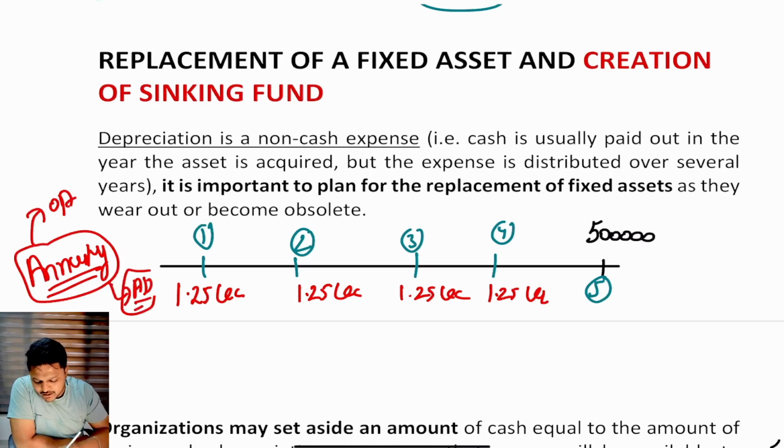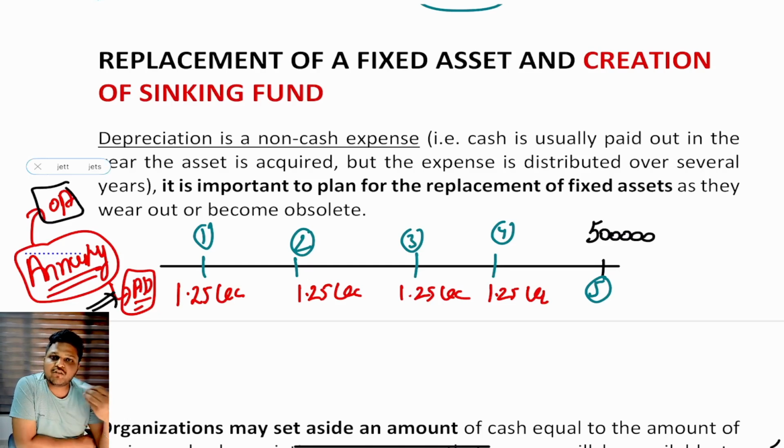So when we are depositing, or paying, or getting the amount at the beginning of the period, it is related to the annuity due. And when we are paying or receiving the amount at the end of the period, it is an ordinary annuity, right? So let's consider that at the end of each and every financial year, we are going to deposit such amount in some separate investment plan where we'll be getting a certain percentage of return.